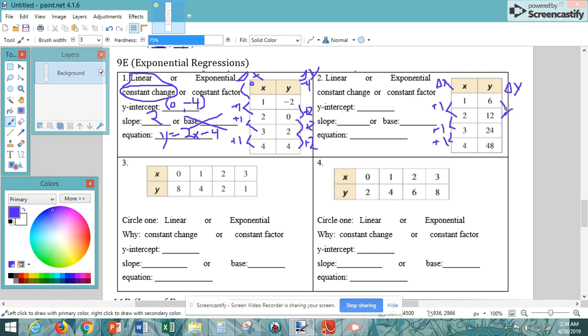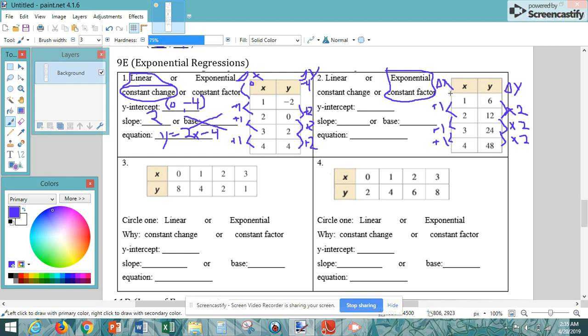So instead of adding 6, 6 times 2 equals 12. 12 times 2 also equals 24, and 24 times 2 is 48. So you would circle exponential, constant factor.